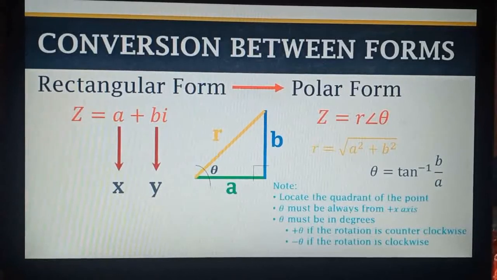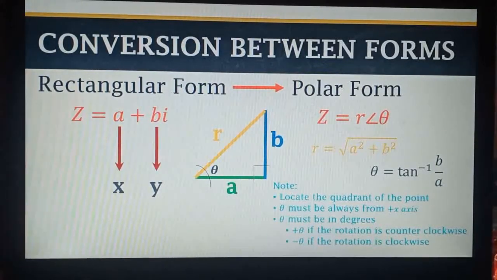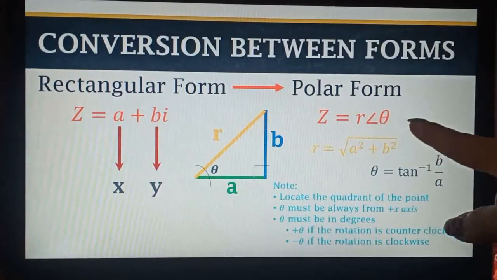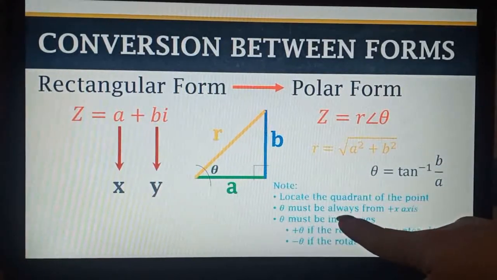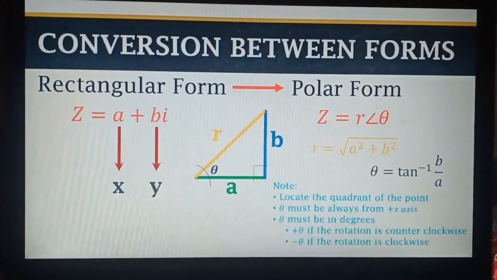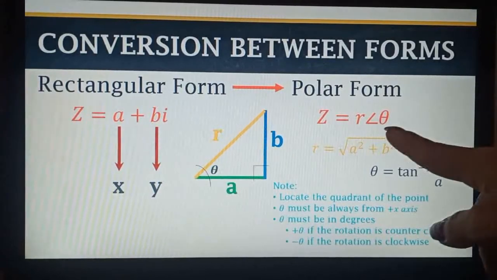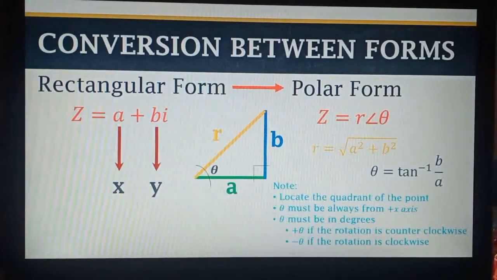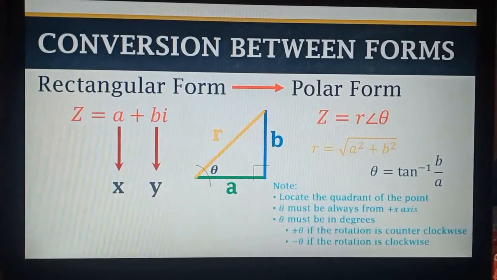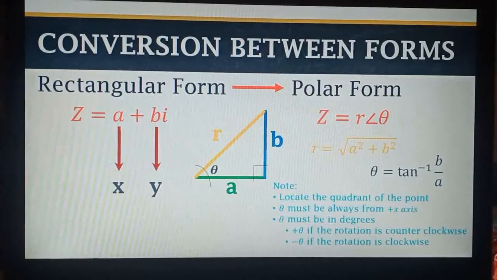Then next, the theta that we compute, when you represent it in polar form, theta must always be from the positive x-axis. There are instances where what you compute is from the negative x-axis. So before you put it in polar form, it must be converted so that your theta starts from the x-axis.